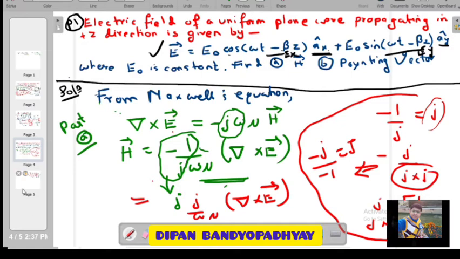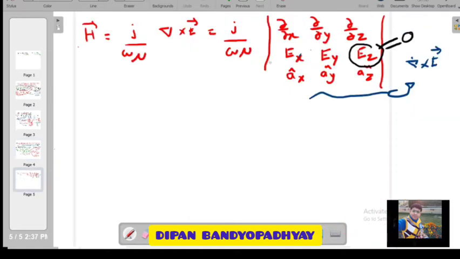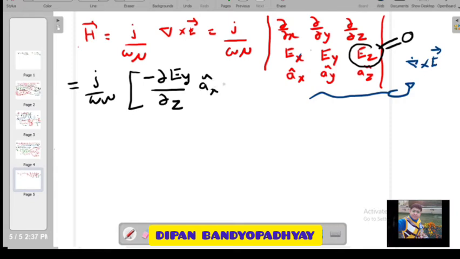Now if you take the determinant of this, you will get only this much: j by omega mu, and this will be minus del Ey del z, because Ey can vary with respect to z. This is already given in the problem, and the x component can also vary with z.